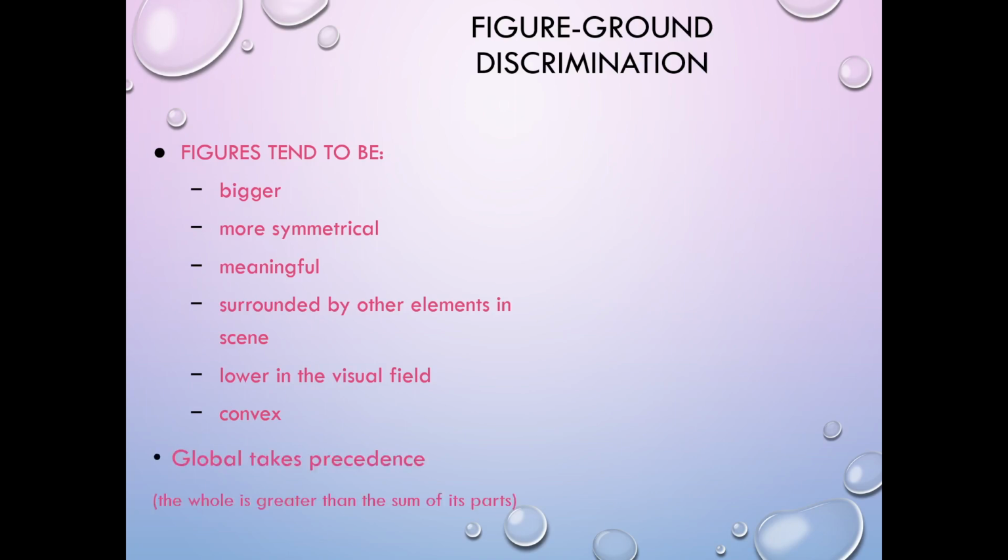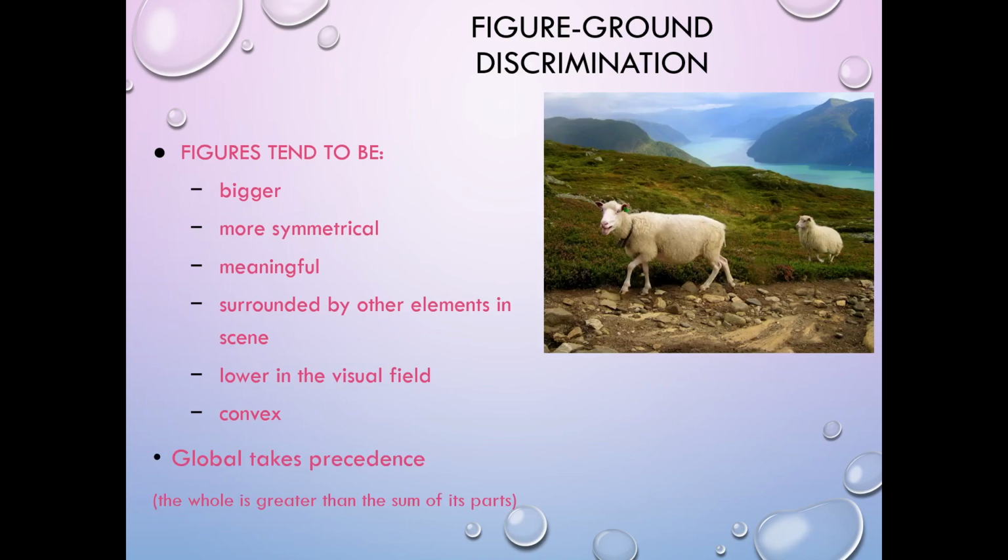So I'm going to show this picture here that illustrates all those points. The thing that catches your attention first, and that you tend to look at first, will be the bigger thing, which probably is going to be the closer sheep. The more symmetrical thing, well, the thing with four legs is probably more interesting to you than the background promontories that are sort of encroaching in asymmetrical ways onto the water.